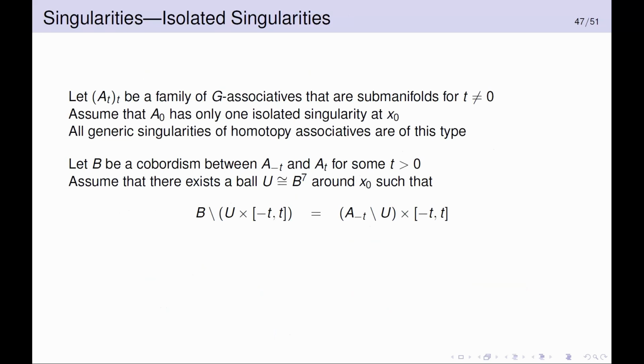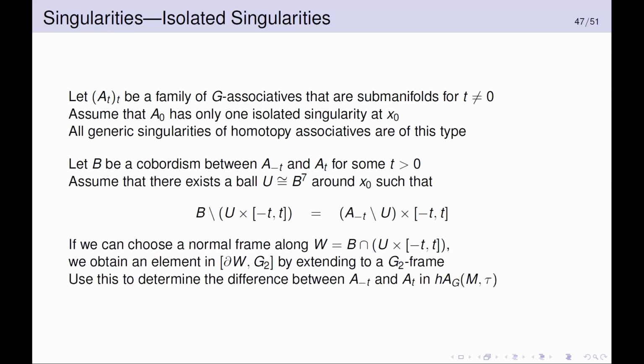So all the strange things happen inside the ball, then I can restrict the cobordism to that ball and call it W, which is somehow a better letter for cobordisms, I find. And because outside nothing could change, we could try to see how the interior part of the bordism in that ball behaves if we restrict it to the boundary.